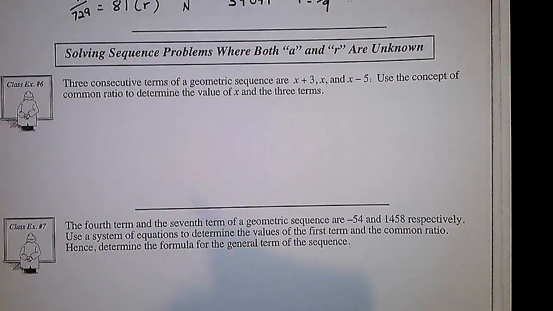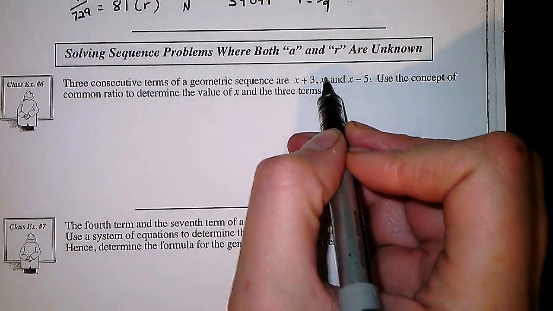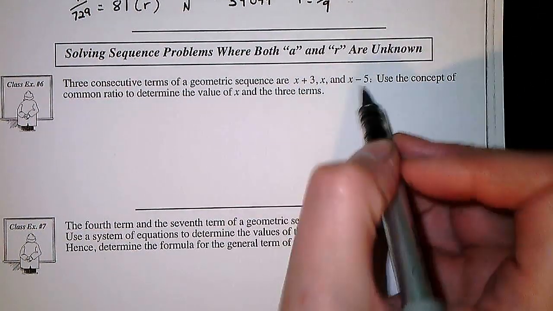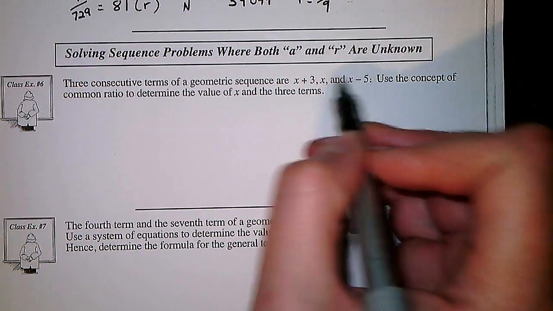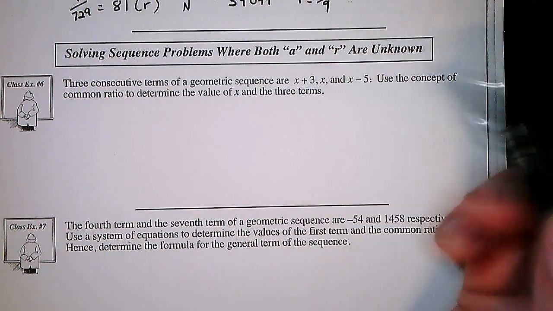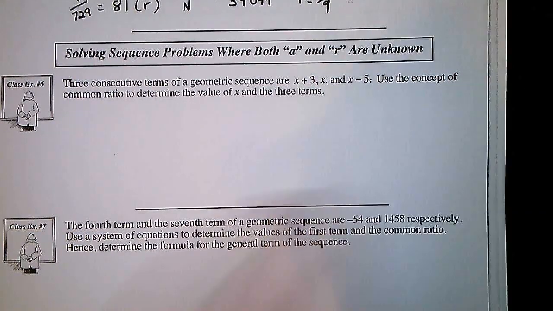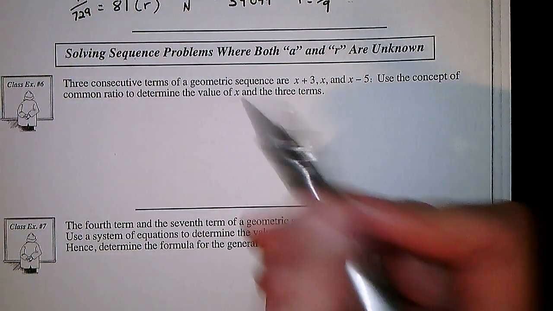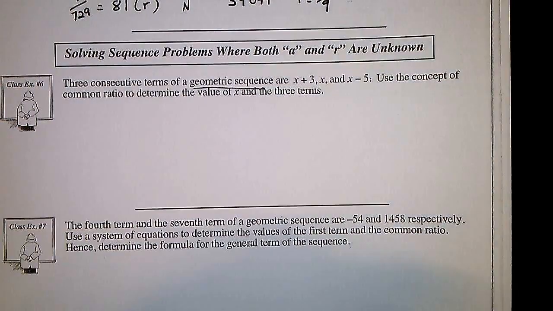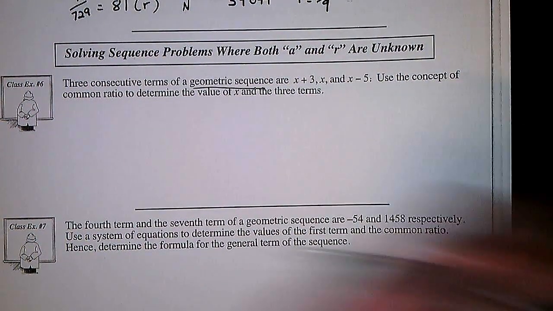And so we have some work to do. What we do know is that this term divided by this term is equal to this term divided by that term. Because every time you take a ratio of 2 terms, that gives you the common ratio. And if it is a geometric sequence, then we are multiplying by the same value to go to the next term. So I'm going to write that out.